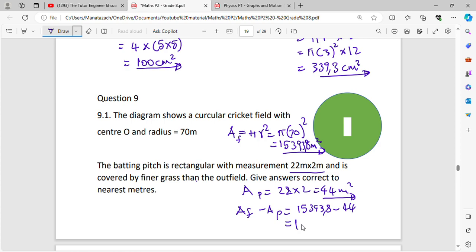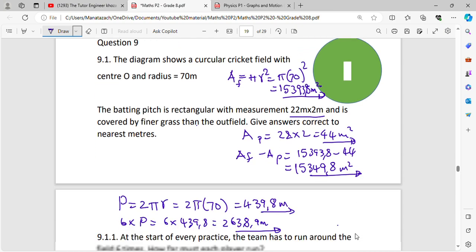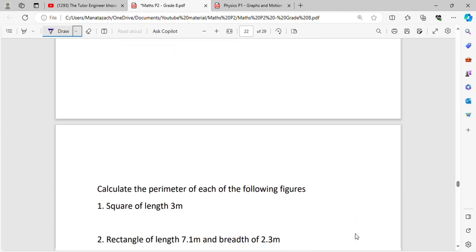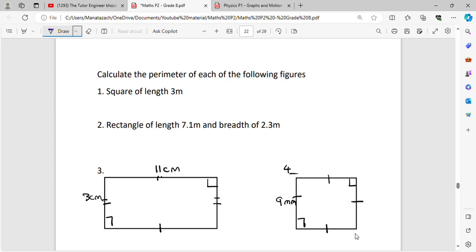The answer is 15349.8 square meters. So that's it for this question. So let's do the next question.